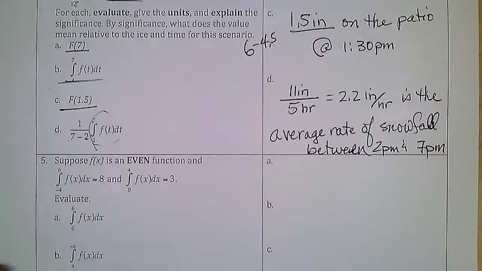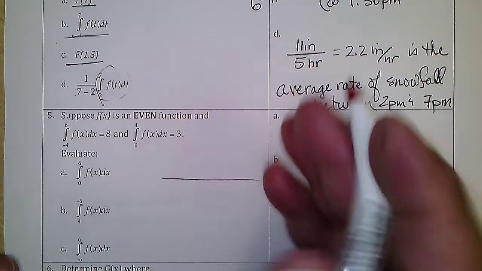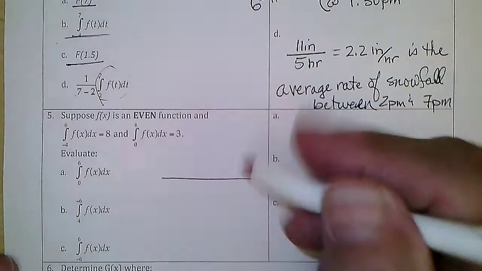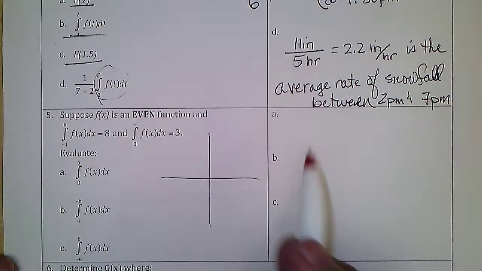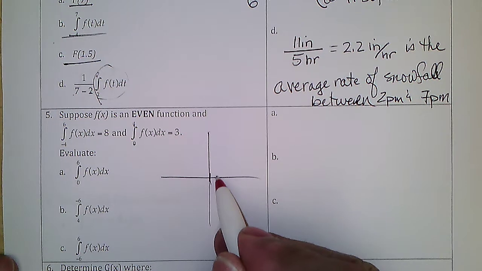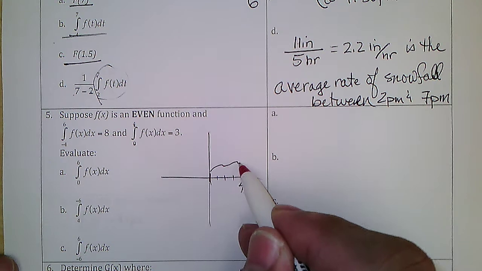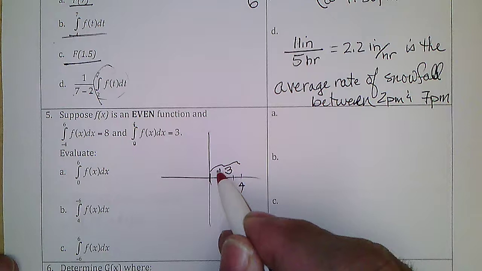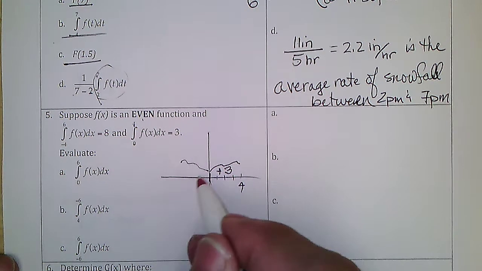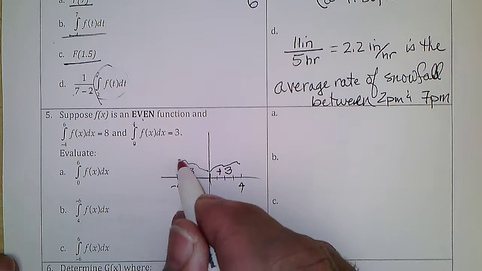All right, the next one. We have an even function. So what it looks like on the right side of the y-axis, it looks like on the left side of the axis. And it says from 0 to 4, the area is 3, plus 3. Since it's even, this side has to be plus 3 from 0 to -4.